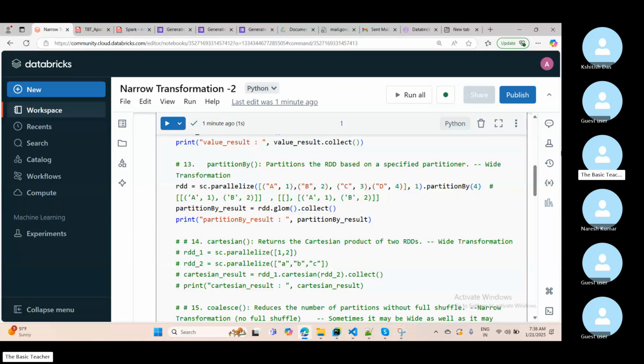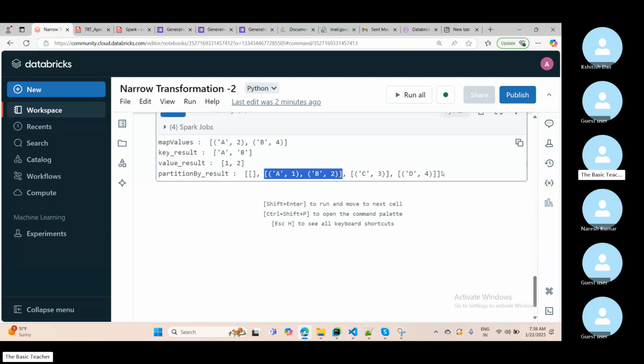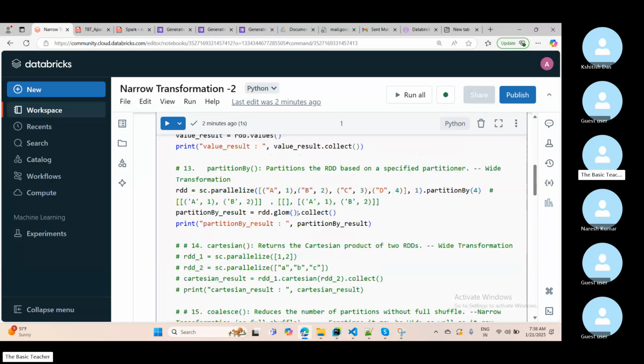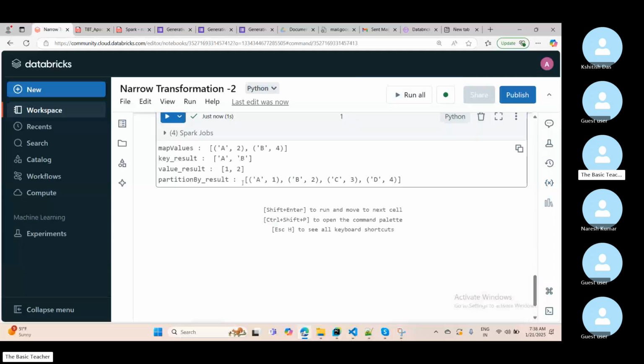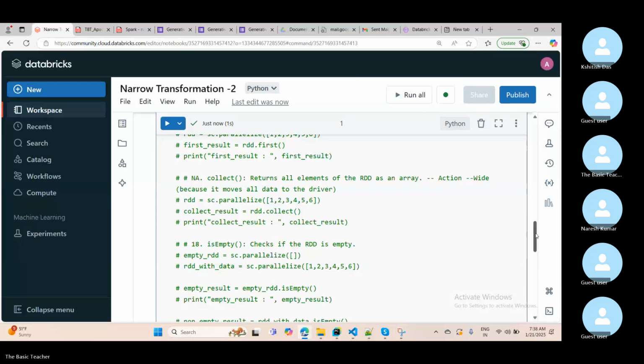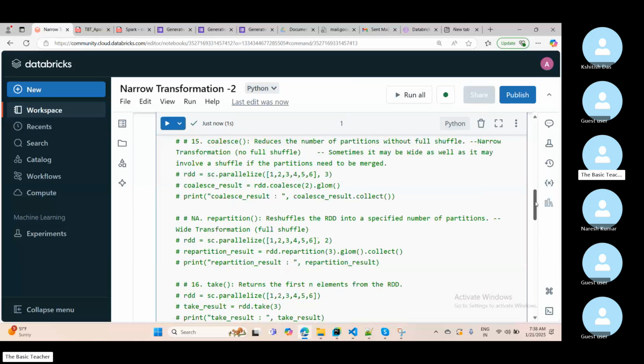If you look at the output, you can see a nested list inside the list. Let me run this to see if it works. Okay, this worked. Here you can see the output differences. This is a list, right? But using glom, it was extracted as a nested one.